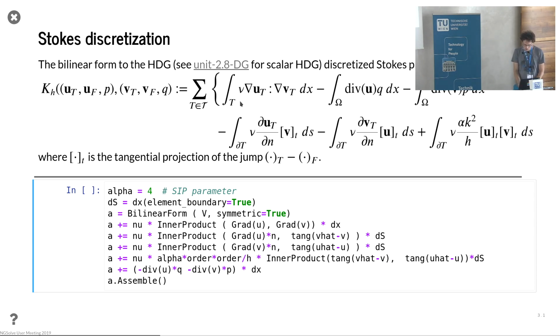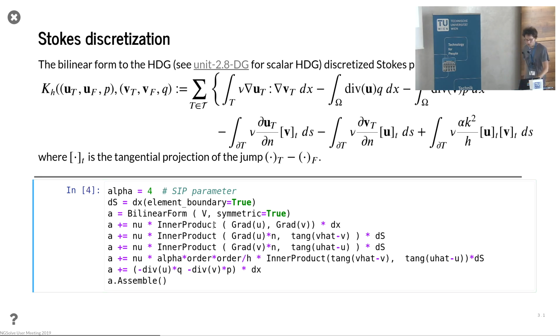If you just consider the first integral and the last three ones, this is the vector-valued version of the interior penalty, or the hybridized version of the interior penalty method that you already saw in Unit 2.8, where Joachim discussed DG discretizations, and then you have the corresponding gradient of the pressure and the divergence constraint in here. Okay, so this is what we define here.